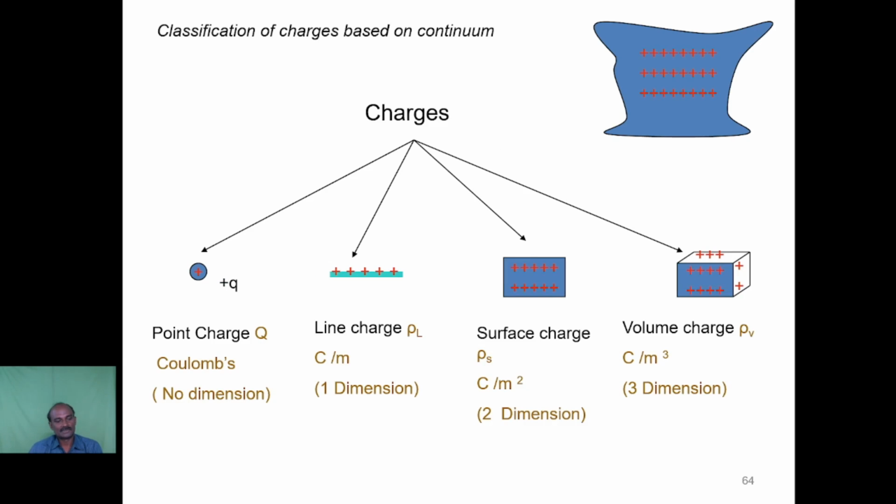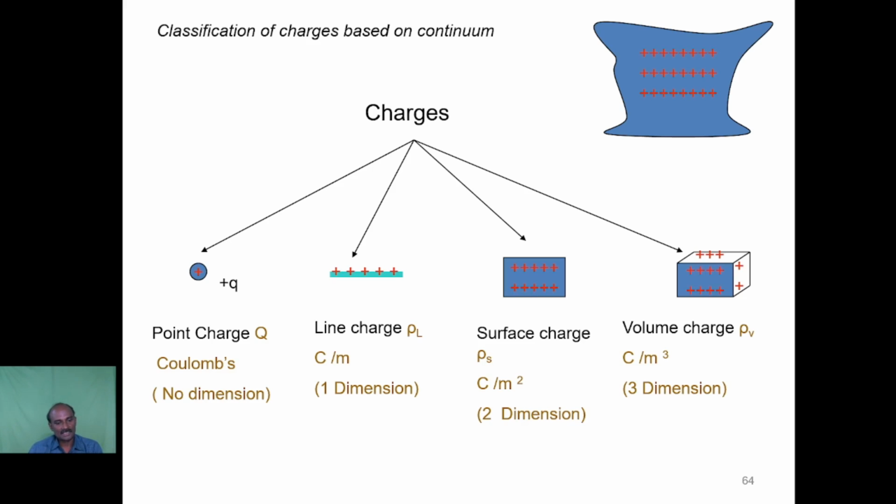Charges we have: point charge, line charge, surface charge and volume charge. Line charge is the charge per unit length, quantified as line charge density. Surface charge density is the charge per unit area. Volume charge density can be represented as charge per unit volume.